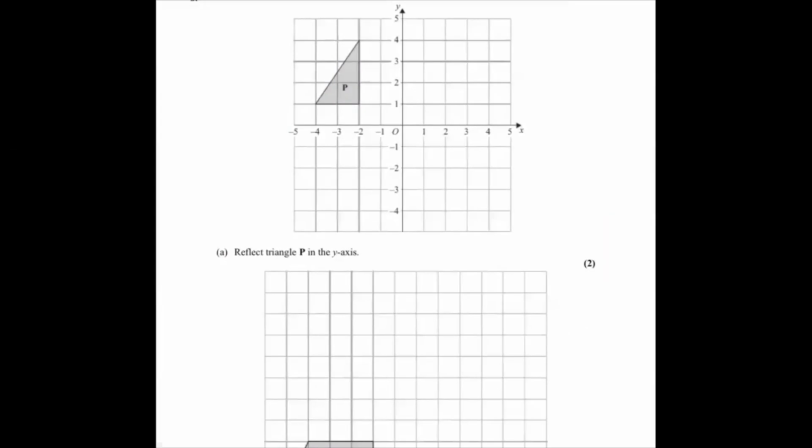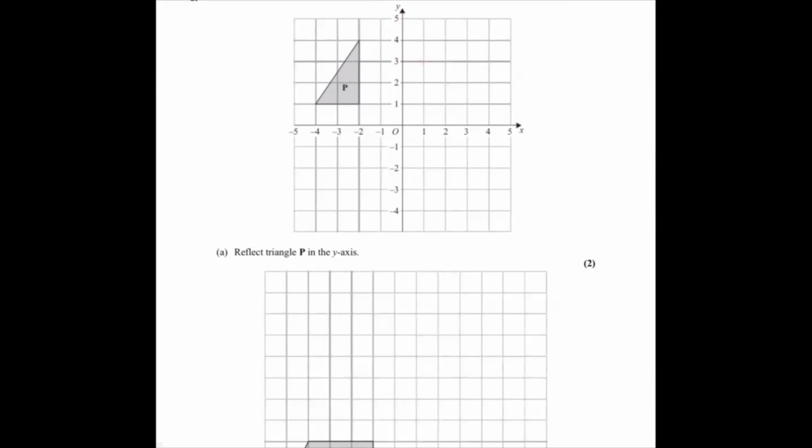Okay, so we're being asked to reflect in the y-axis. So you can see that the y is here, which means it's this line. There's various methods. You can count in, count out. And on vertical and horizontal lines, that's probably the easiest way to do it.